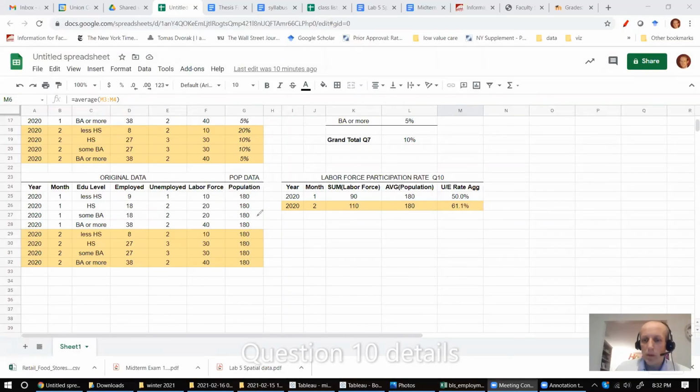So what happens when I join my original BLS data, where I had 1 row for each education level and each month and each year, with the population data, where I have just 1 row for each year? Well, it'll look like this.